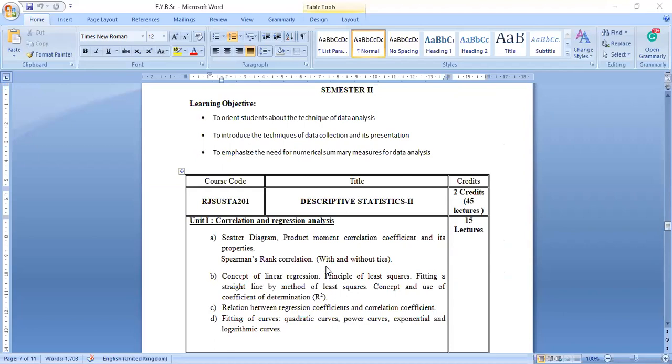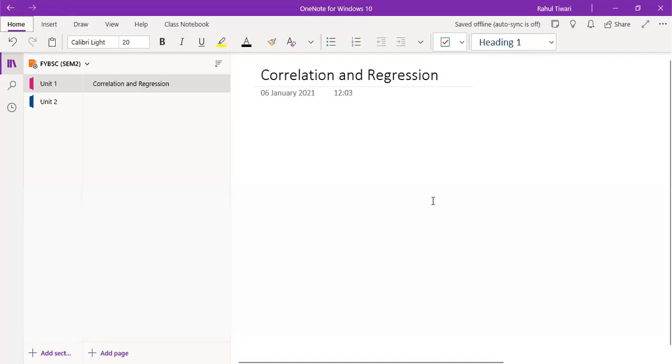As usual, all materials are shared via GC. You can visit GC and upload data from GC. Whatever materials we share, you can start writing down in your notebook.